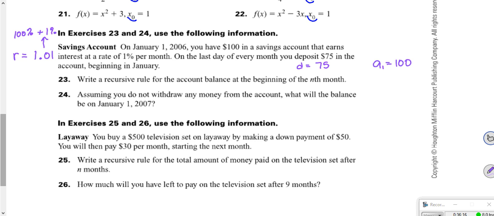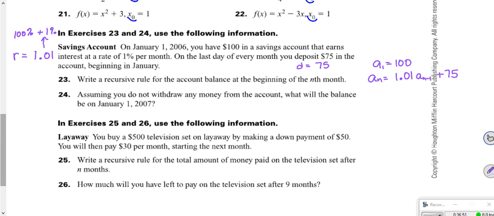Then our nth month, A sub n, would be 1.01 times A sub n minus 1 plus 75. So we started with 100, and then at the beginning of every subsequent month, we calculate the interest, which is the 1.01, and we add the $75 that we put in the last day of the previous month. So that would be the answer for number 23.